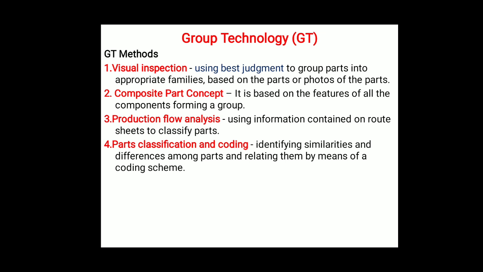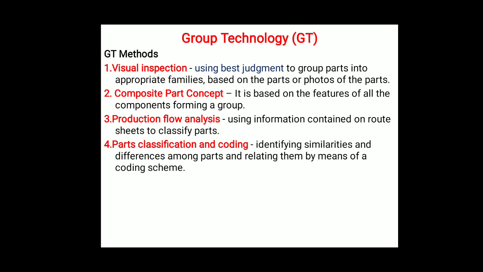The next point is group technology methods. So how will we define that one group will be separate from the second group? There are four methods to identify the different groups. The first one is visual inspection. Using this technique, we use best judgment to group parts into appropriate families.